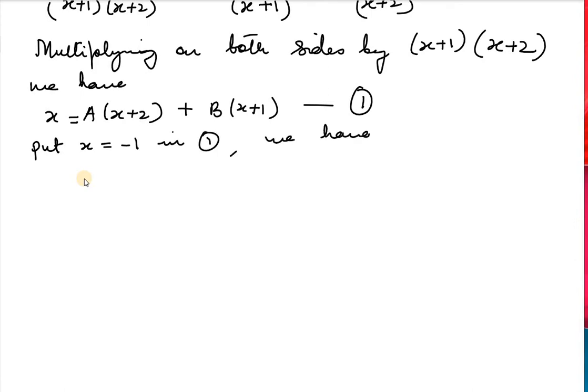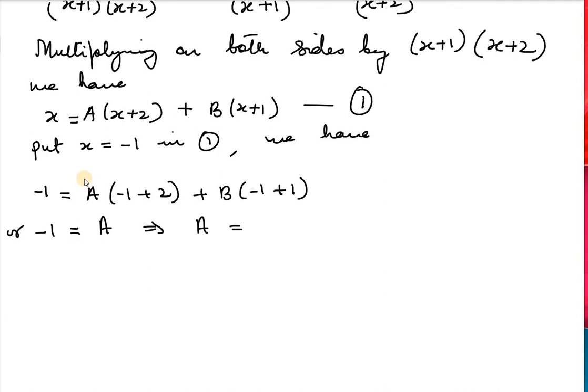We have on the left hand side, minus 1 is equal to a into minus 1 plus 2 plus b times minus 1 plus 1. So this will become 0, and so you'll get minus 1 is equal to a only. Which means that the value of a is equal to minus 1.